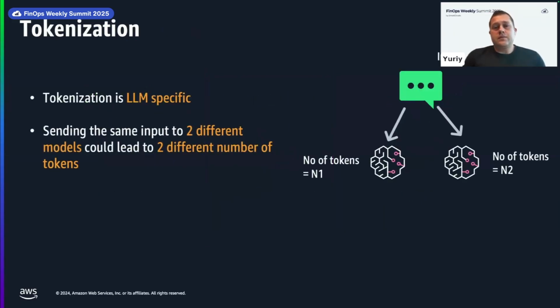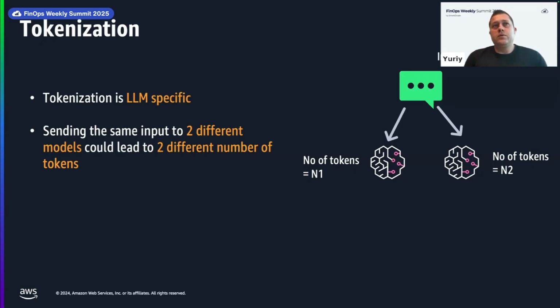You all know that a token in Gen AI is the basic unit of text processing and also of billing. I probably don't need to explain nowadays what a token is, but it's generally a billing unit or text processing unit. What is important is that, since it's the main pricing unit in Bedrock, tokens are LLM specific, so very model specific.